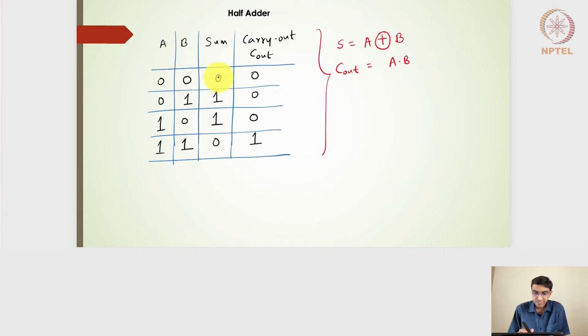So for 0, 0, the sum is 0, the carry out is 0. For 0, 1, the sum is 1, carry out is 0. For 1, 0, the sum is 1, the carry out is 0. And then for 1, 1, the sum is 0, and the carry out is 1.